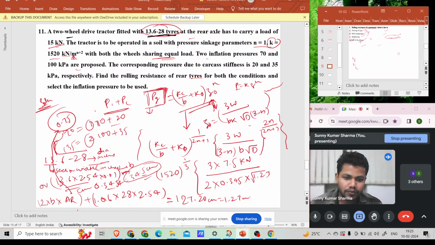Root under 1.27 to the power 2, and n is 2 by 3.